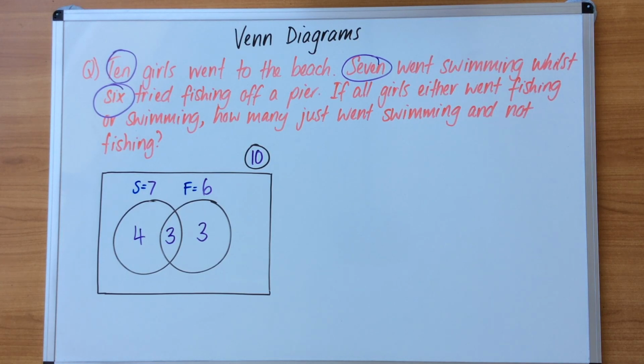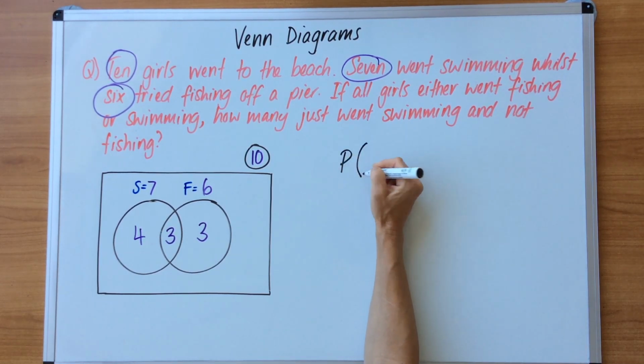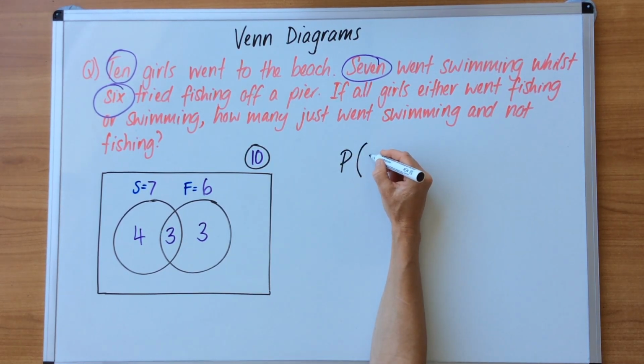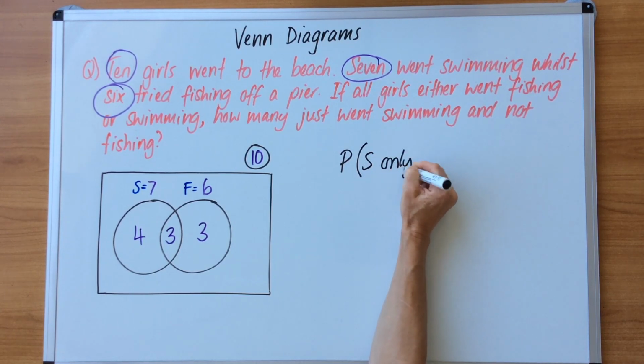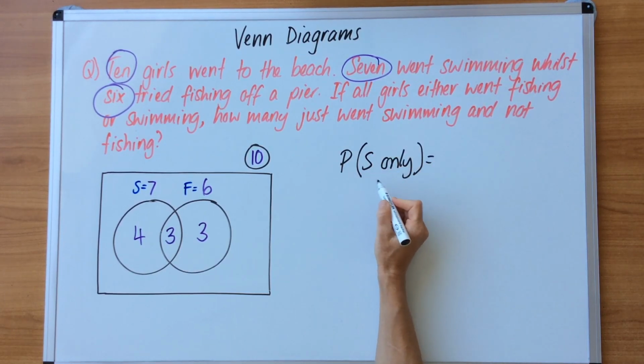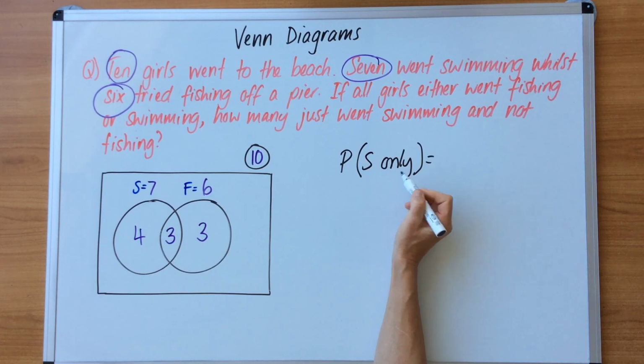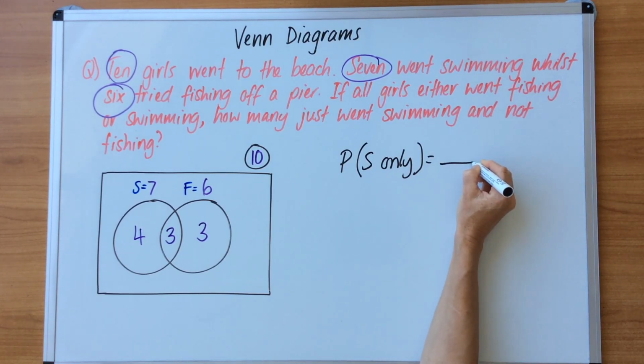If we are going to ask some questions, just for example a probability question, and we ask for the probability of girls that went swimming only, so we go probability, the event we're looking at here, which is swimming only, equals fraction line.